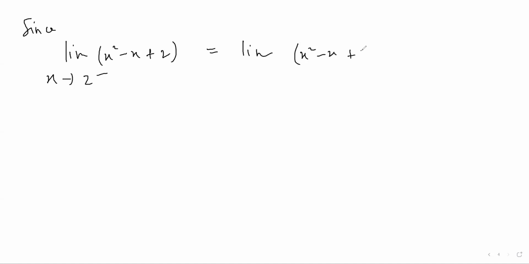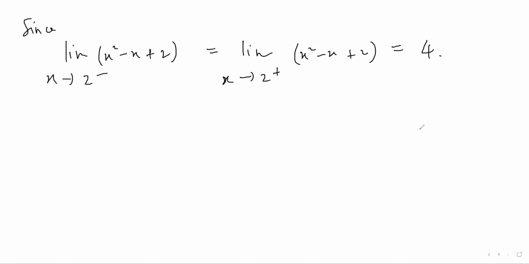Since the limit of this function, x squared minus x plus 2, when x approaches the number 2 from the left, is equal to the limit of the same function, x squared minus x plus 2, when x approaches 2 from the right, which in this case is equal to 4.